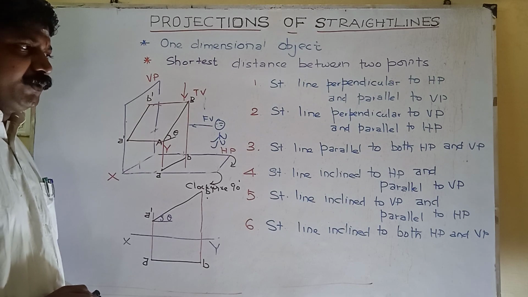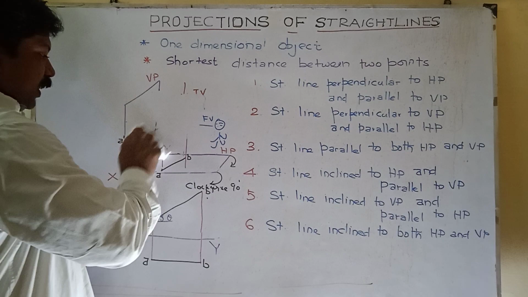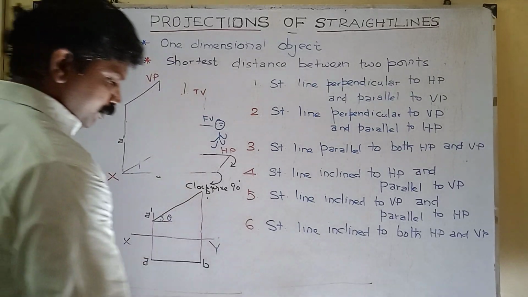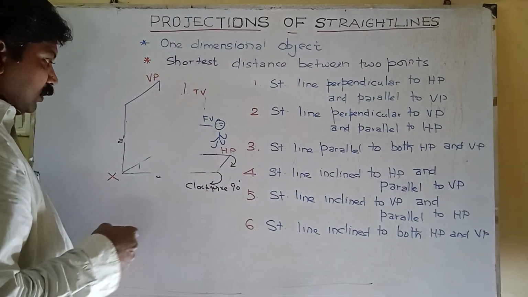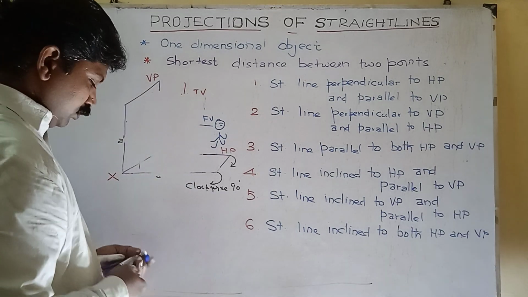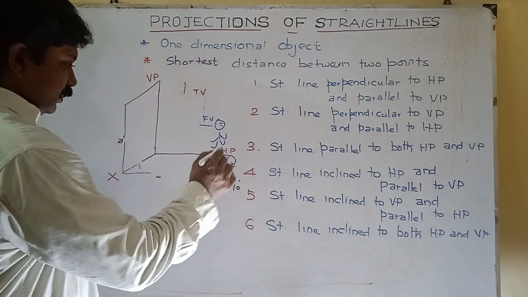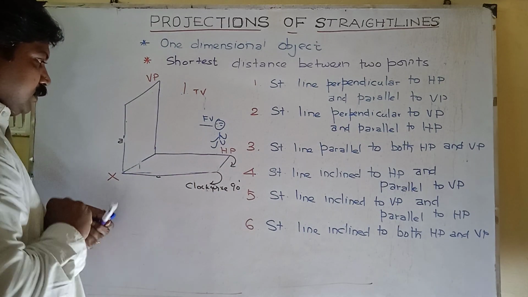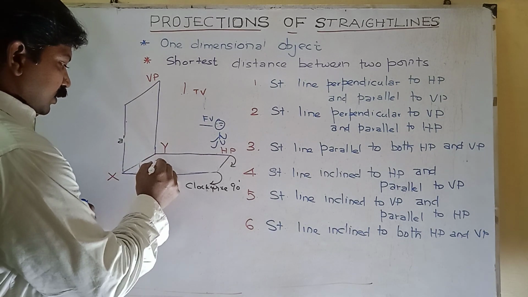Next, straight line inclined to VP and parallel to HP. Okay, how to draw the straight line inclined to VP and parallel to HP? First quadrant, XY axis line, our straight line inclined to VP.